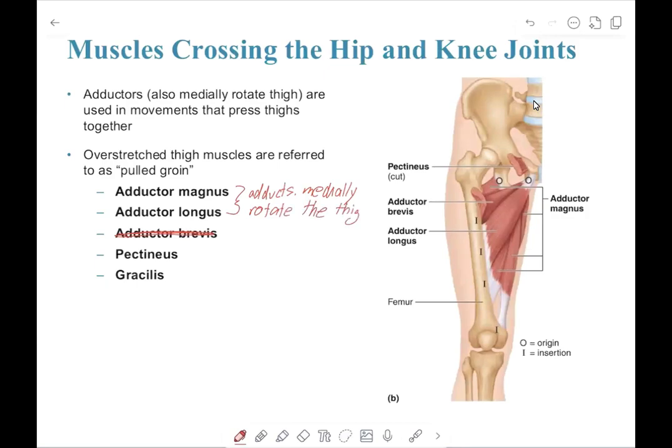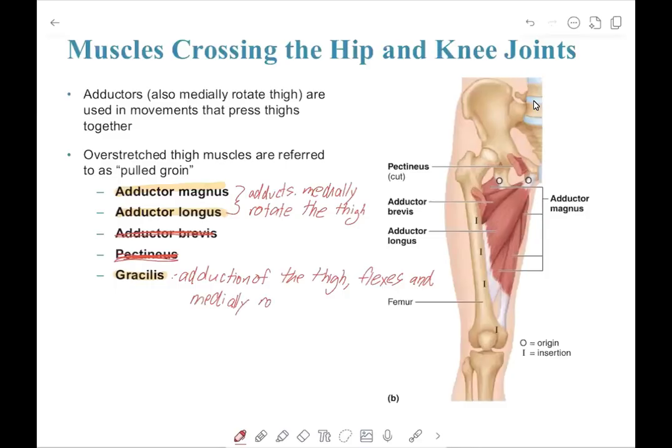The pectineus, as I've mentioned before, you're not responsible for. And the gracilis muscle, as you could probably imagine from its location, is going to be responsible for adduction of the thigh, as well as flexion. So it flexes and it also medially rotates the leg.